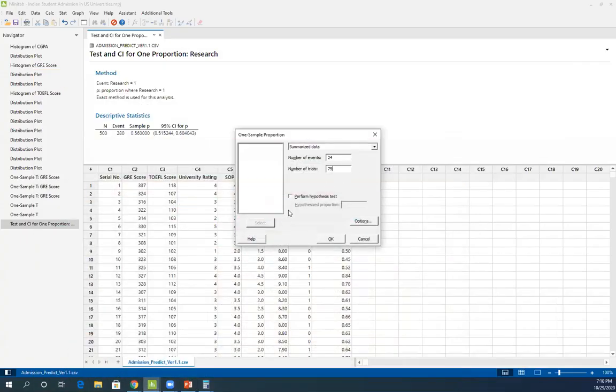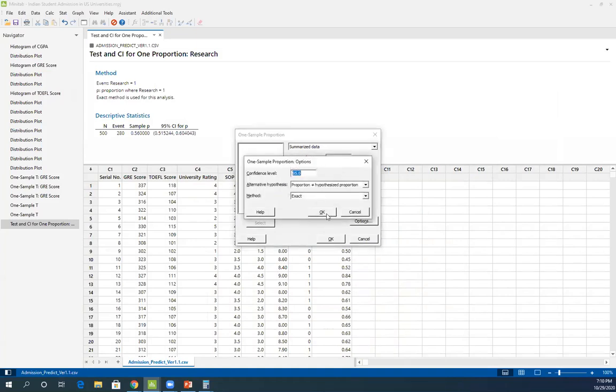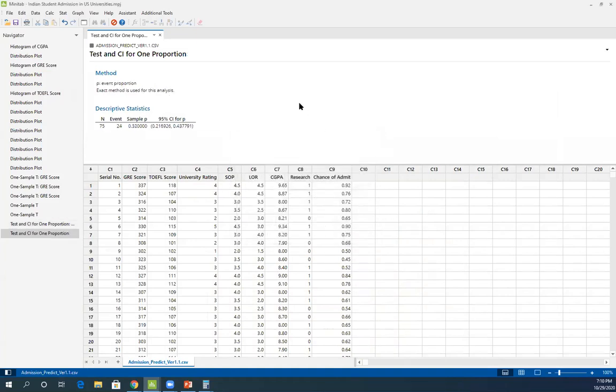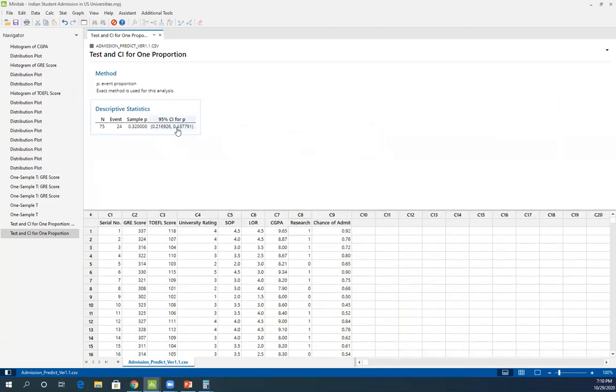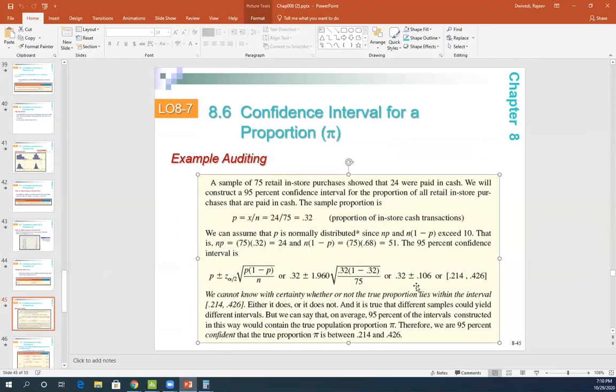So you have to put only these two pieces of data. 95 is automatic. And now look into this: 0.214 to 0.426. And we get exactly the same. So this is the confidence interval for a proportion.